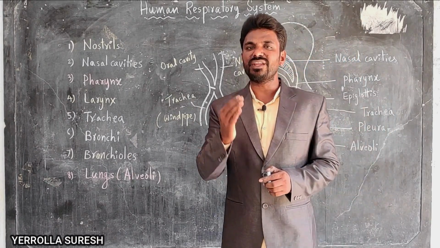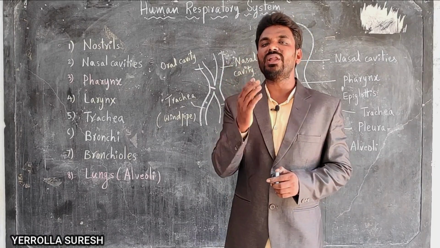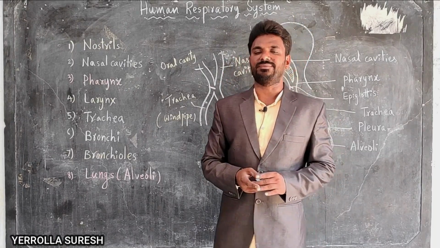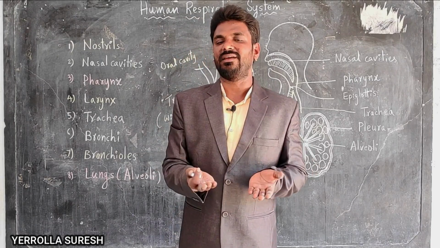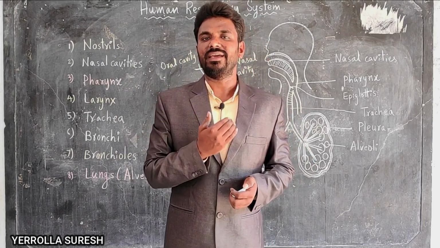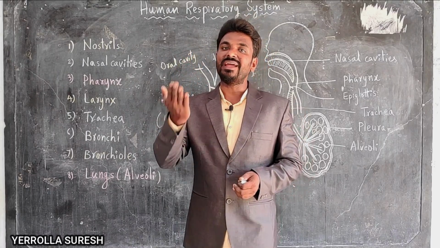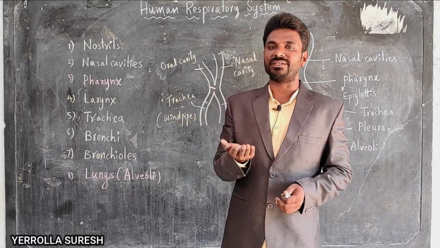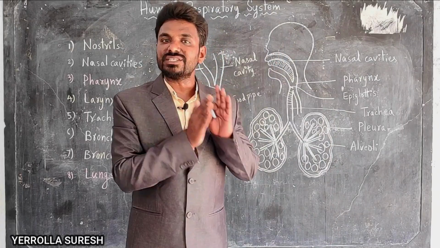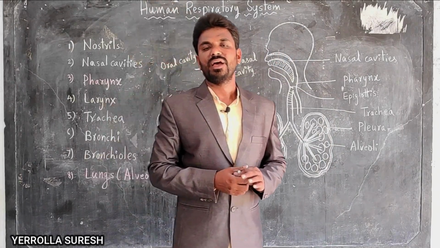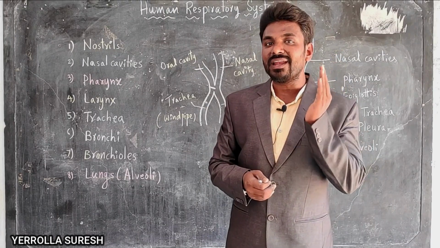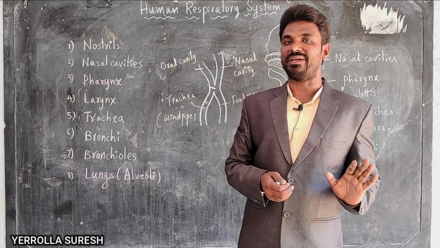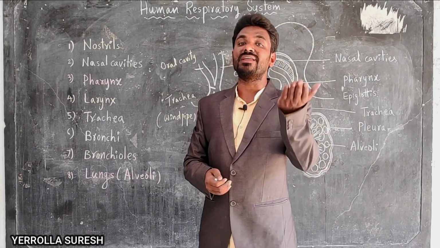Mucus plays a very important role in the regulation of the temperature of air. Generally, we inhale air and we exhale air. When we inhale air, if its temperature is more than our body temperature, the temperature is decreased to our body temperature. Or if we inhale very cool air, its temperature is much less than our body temperature, and again the temperature of the air is increased.